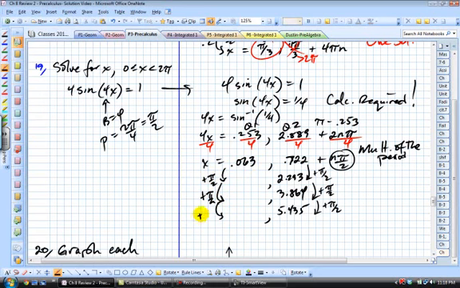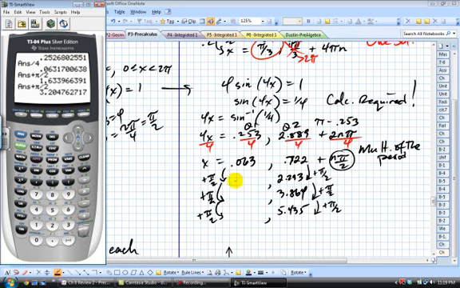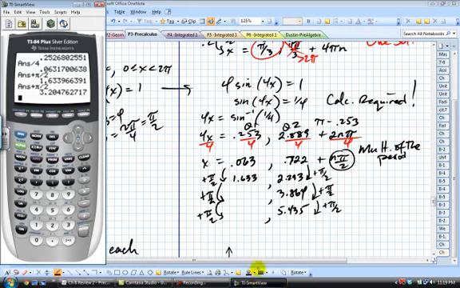Okay, and then do it again. So add pi/2 again. So plus pi divided by 2, plus pi divided by 2. So 1.613, and then 3.205.